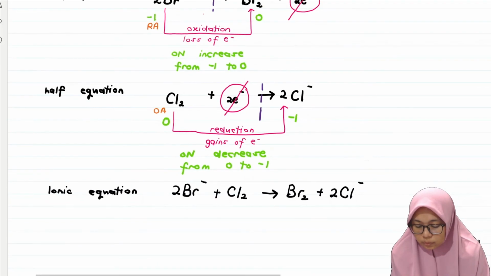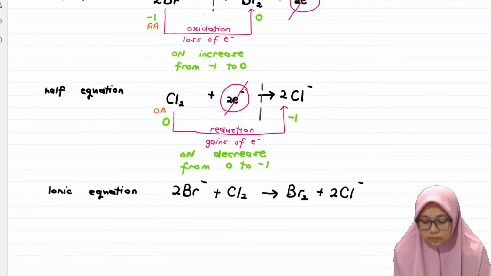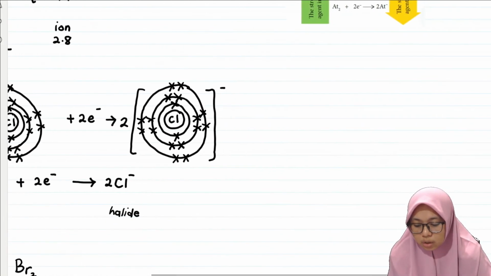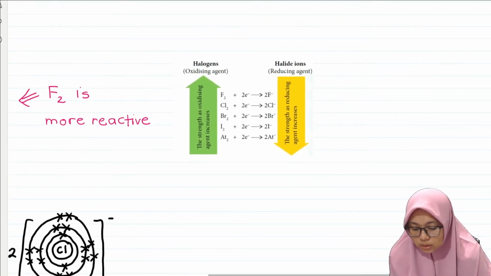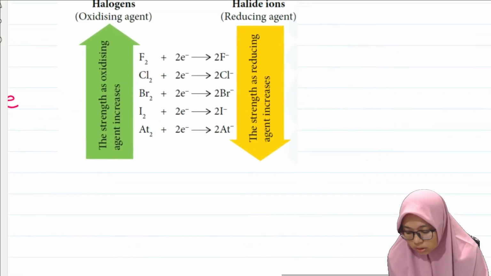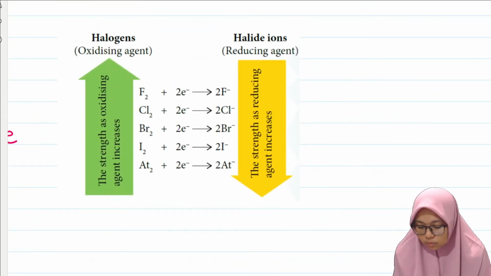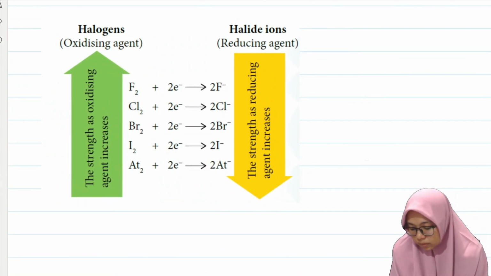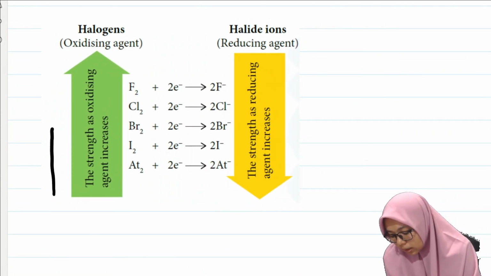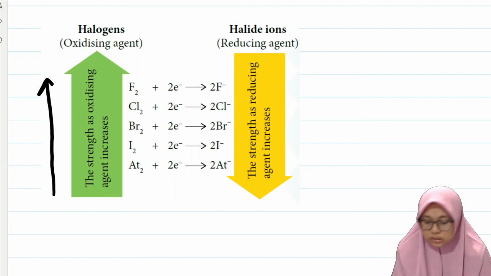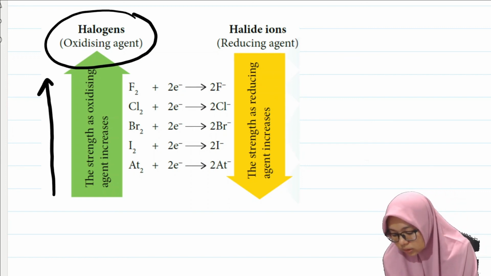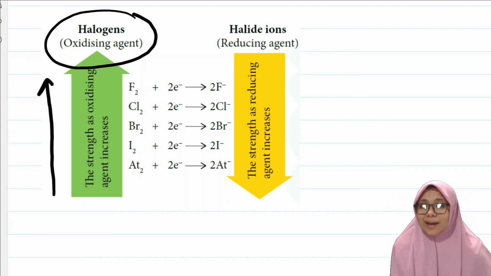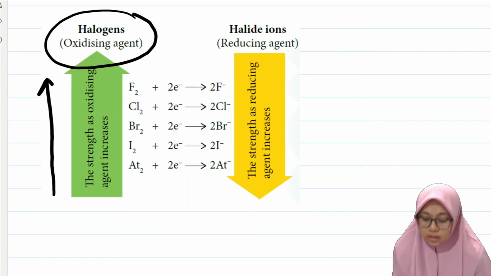What we have to understand in this video is which reactant is the strong reducing agent and which reactant is a strong oxidizing agent. So this is the conclusion. According to your textbook, when going upward in the halogen series, halogen is the oxidizing agent because halogen undergoes reduction.